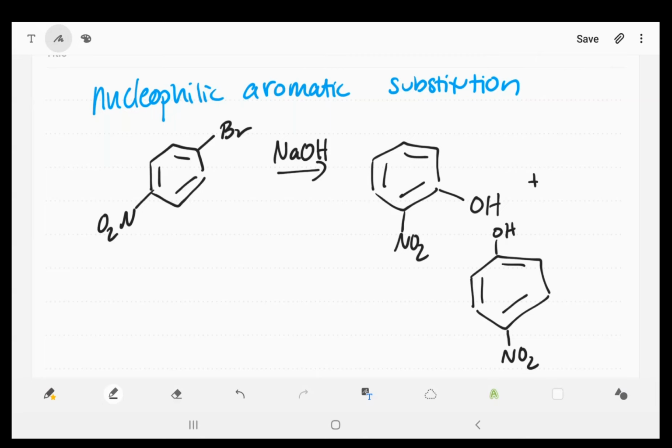Remember with EAS, we wanted our ring to be more negative because it acts as a nucleophile. With NAS, nucleophilic aromatic substitution, our ring acts as the electrophile, so we want electron withdrawing groups on it. We'll go through this and see what happens.